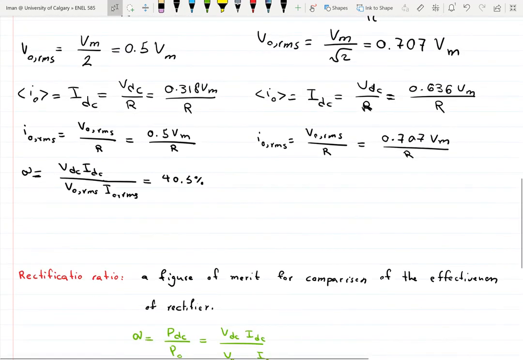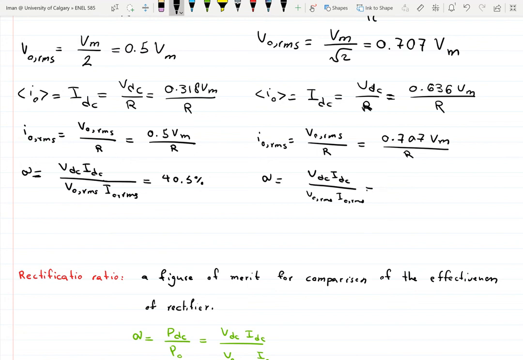And for the full wave rectifier it would be equal to VDC IDC divided by V out RMS I out RMS, which is equal to 81%.